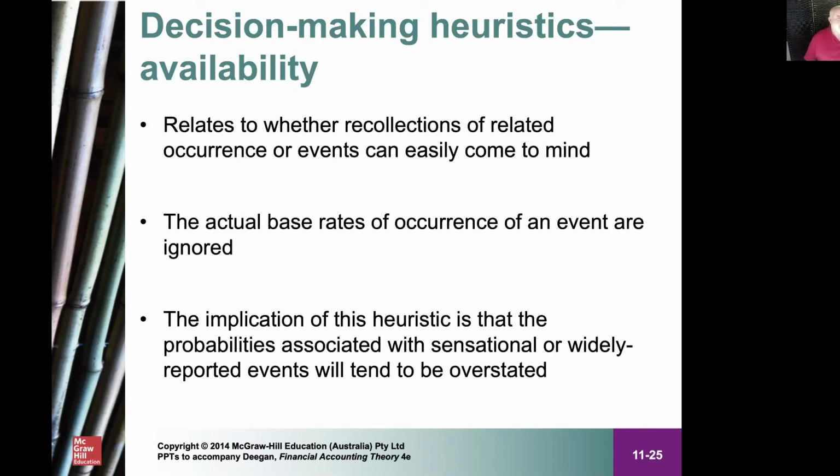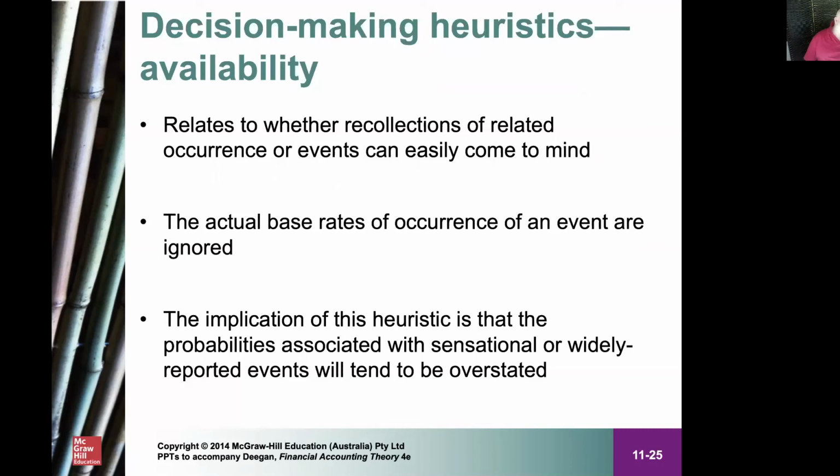Availability talks about recollections, when people remember something that they might have seen or heard before. It relates to whether recollections of related or similar occurrences or events come easily to mind. The actual base rates, how common it is, are ignored.